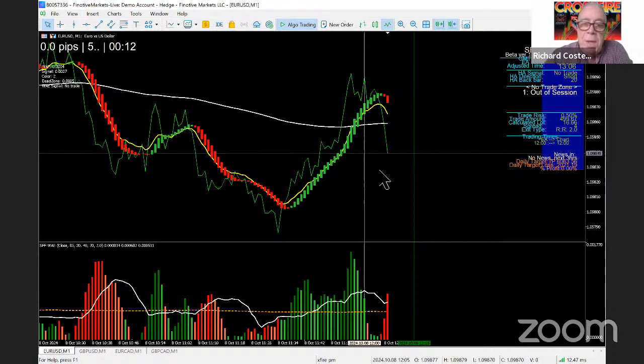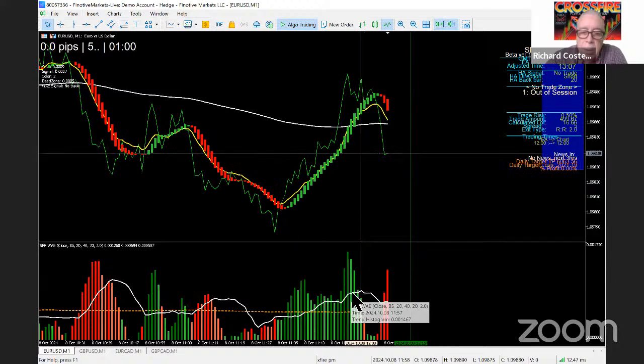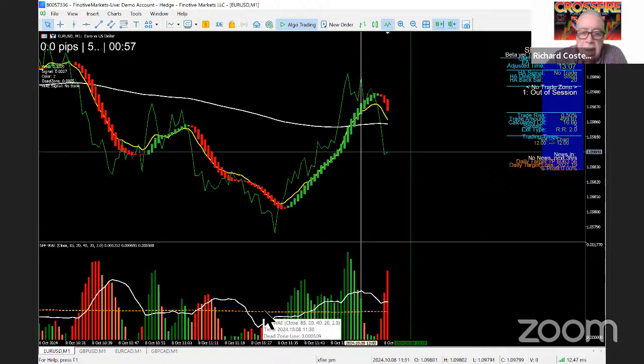And then the fourth and last component we look for is the Waddah Attah. This consists of three items. We've got the white line, which we call the explosion line. We've got an orange dashed line, which is called the dead zone line. And we've got the histogram, these colored bars.